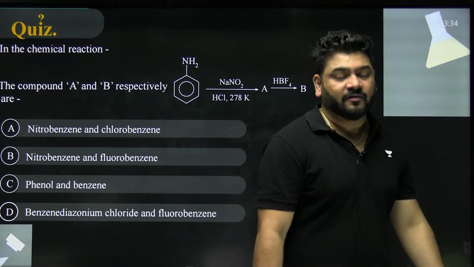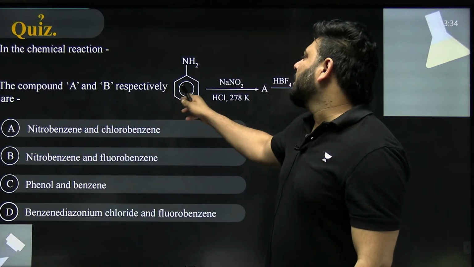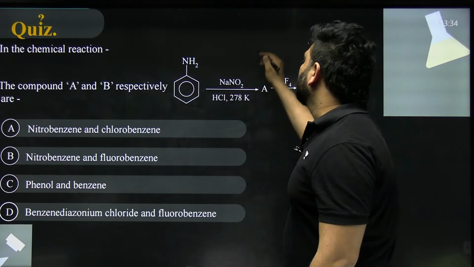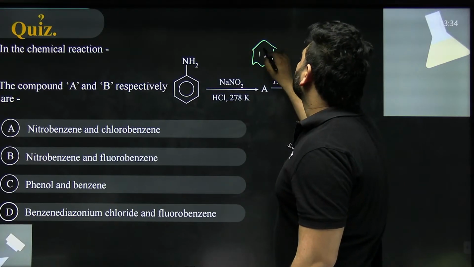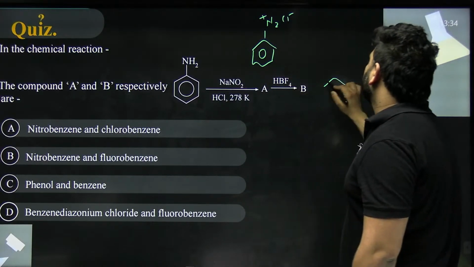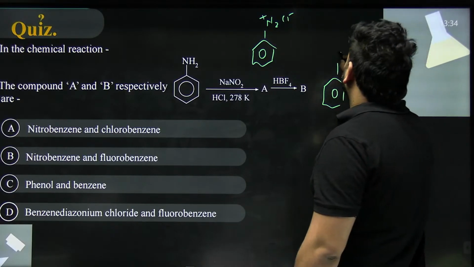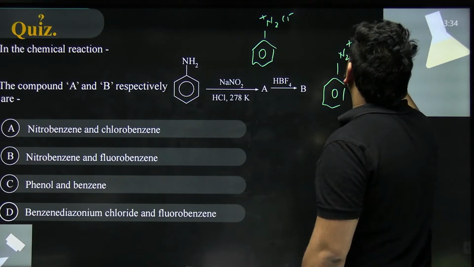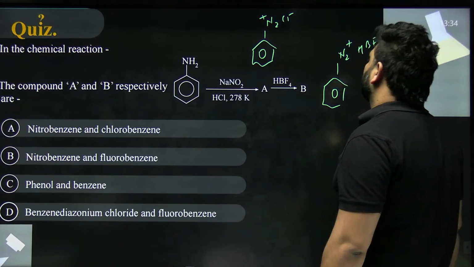Let's see one question, everyone. Compound A and B are respectively what? Aniline with NaNO2 and HCl will give HNO2, and that converts it into N2 plus and Cl minus. With HBF4 it will give N2 plus BF4 minus, right?